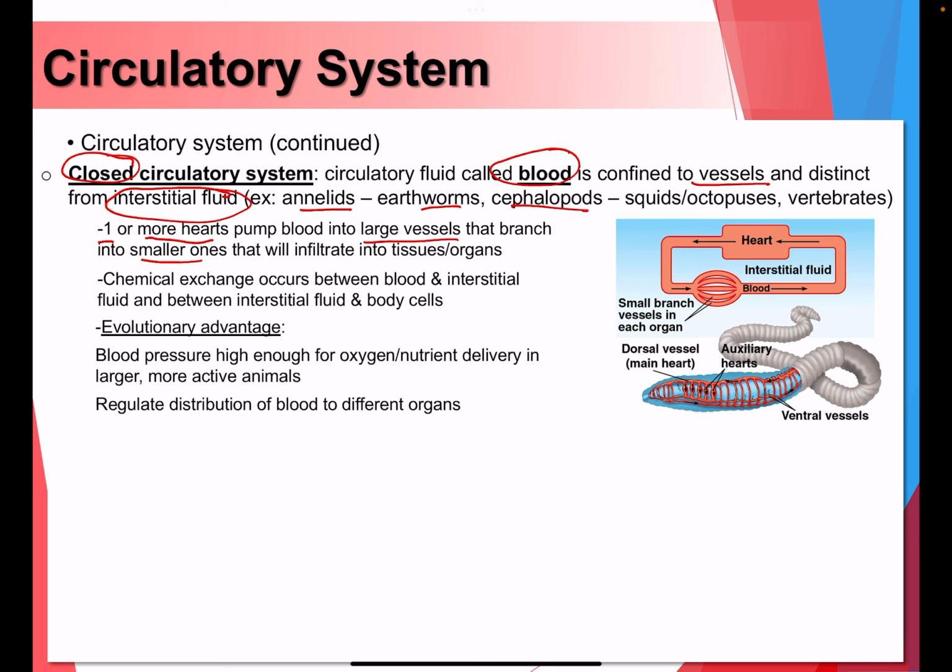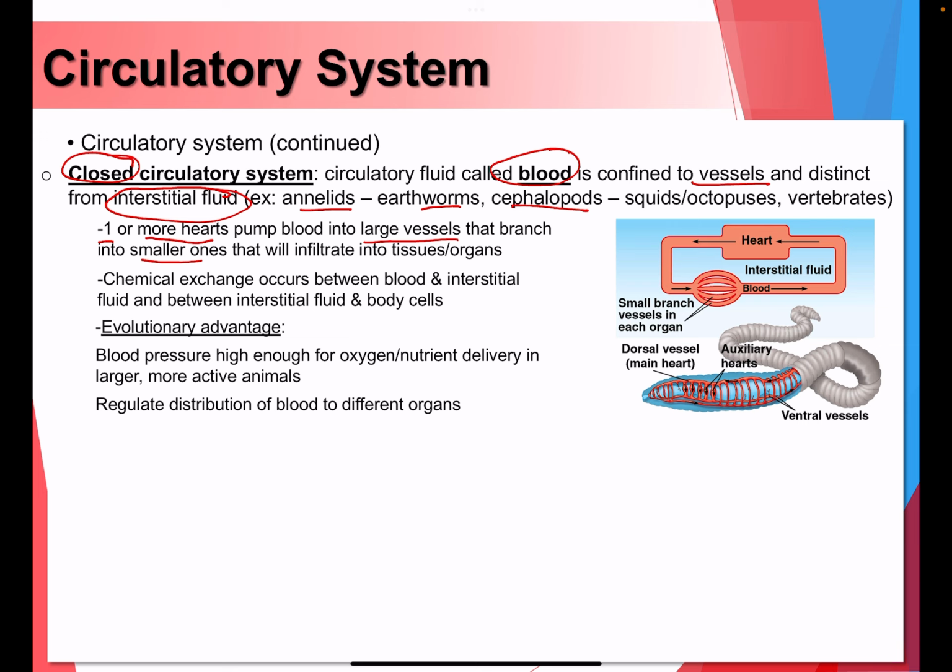So you don't see a really large animal having an open circulatory system. This is why some large octopuses and large squids actually have a closed circulatory system compared with their other cephalopod friends, which are a lot smaller. In order to distribute everything throughout the entire large body, you've got to have high enough pressure to do that.